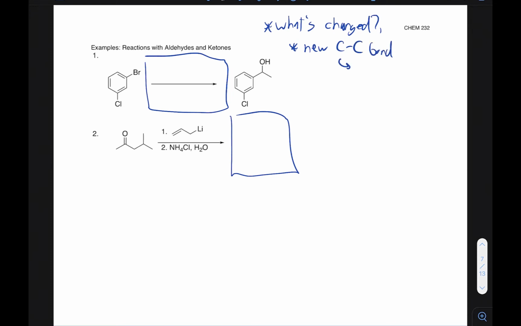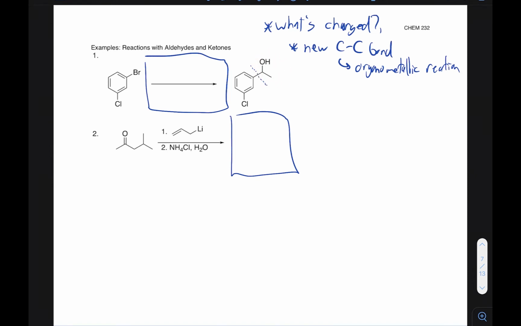When we have a new carbon-carbon bond, we can usually think there's some sort of organometallic reaction that has taken place, some way that this new carbon-carbon bond has been generated. So we can think of it like this: this whole portion here, this carbon and this alcohol, all attached together, must be one of our reagents.